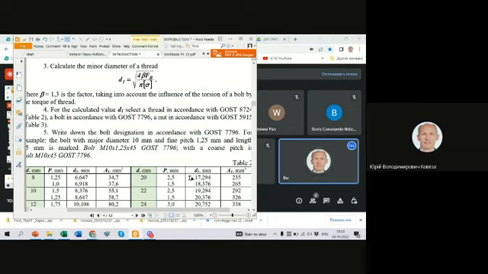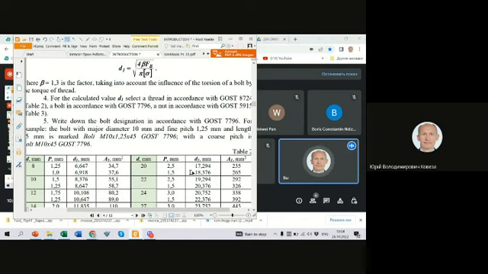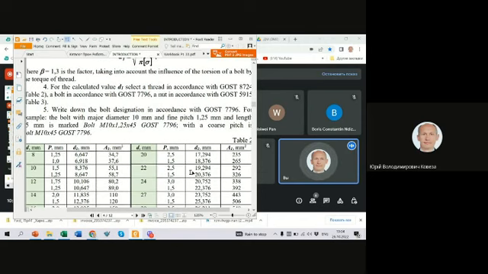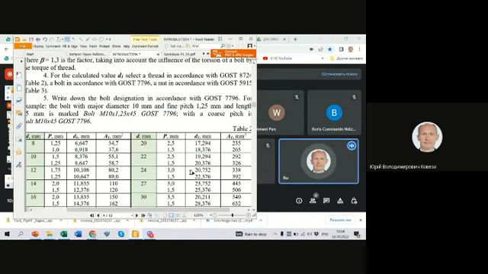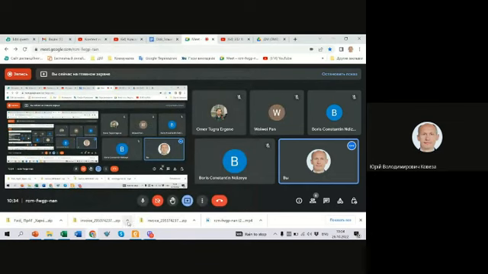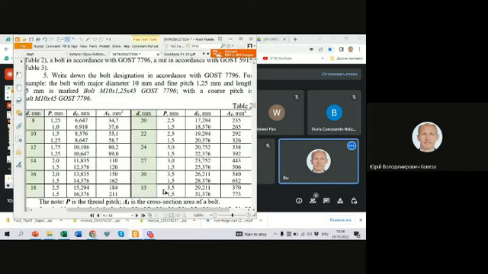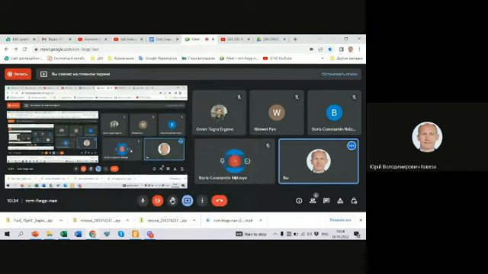So when you know D1 and we took sigma allowable smallest, it means that we should use D1 greater than calculated. At this table you see standard dimensions.